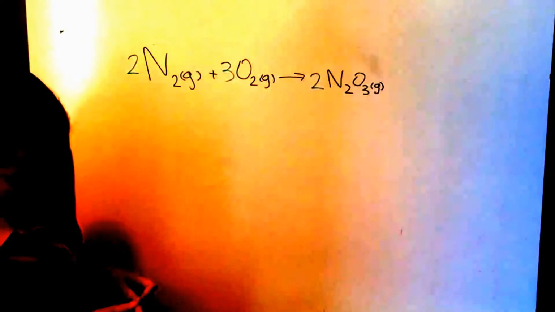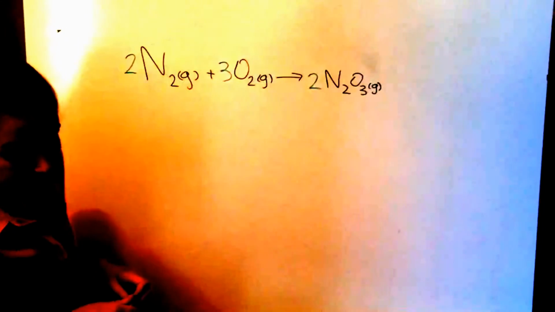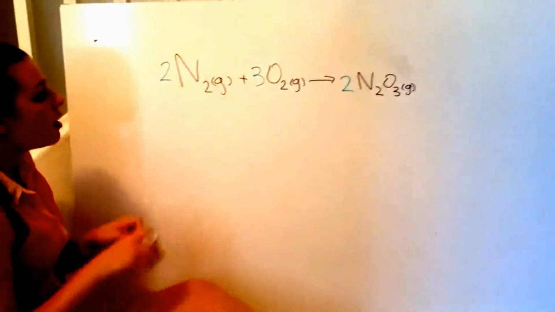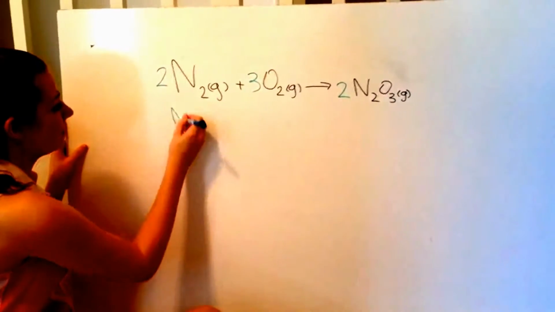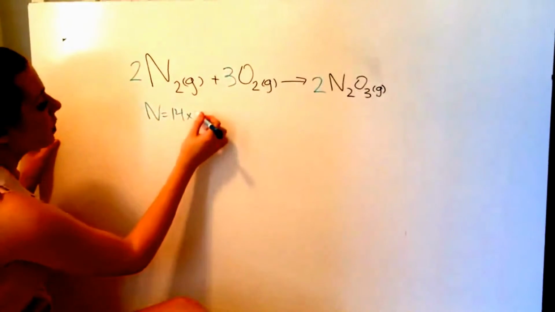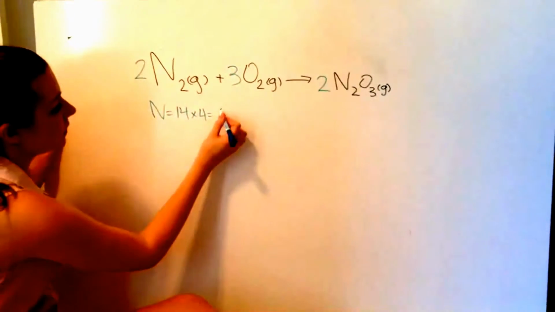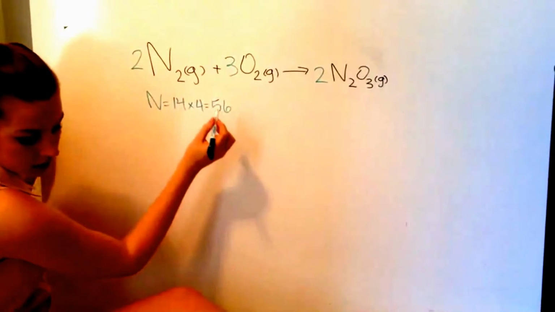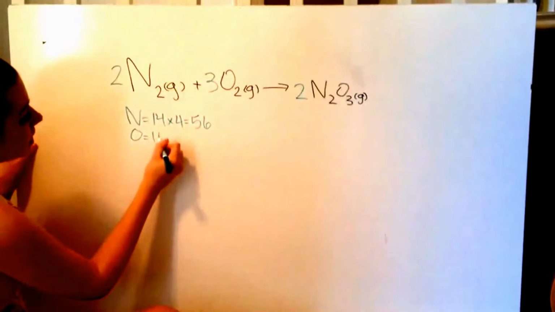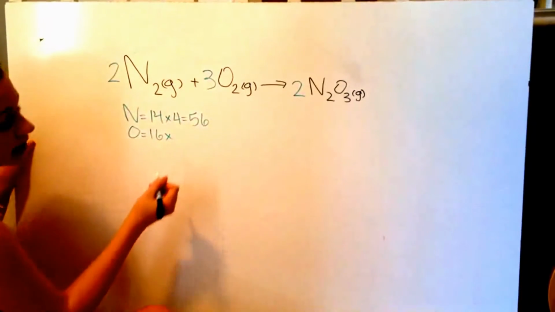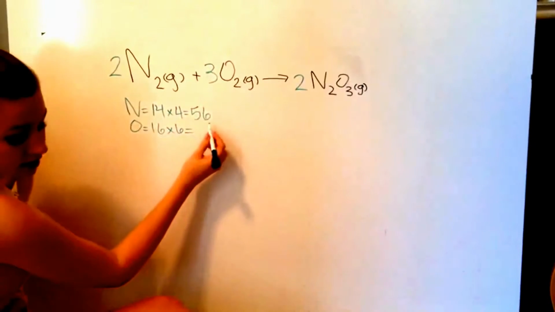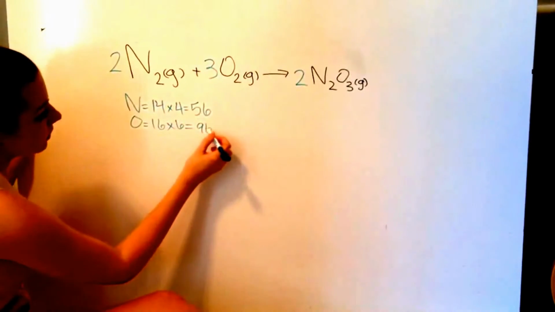Okay, so next we're going to find the atomic weight of each element. So the atomic weight of nitrogen is 14. And there are 4 of them, so your total is 56. And then oxygen is 16, and there's 6 of them, so multiply by 6, and you get 96.